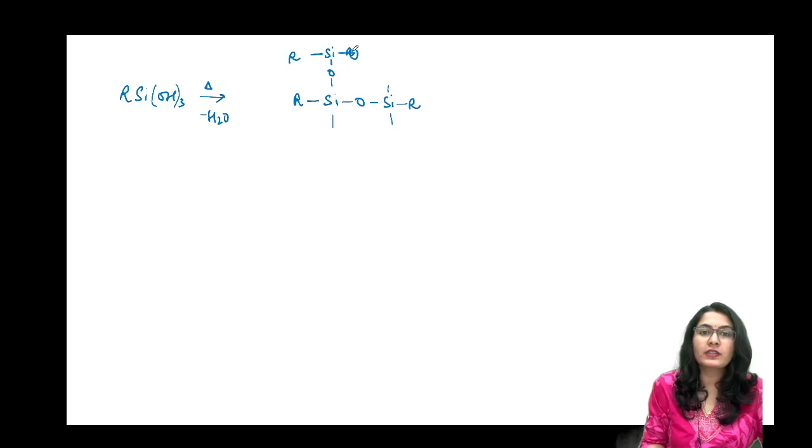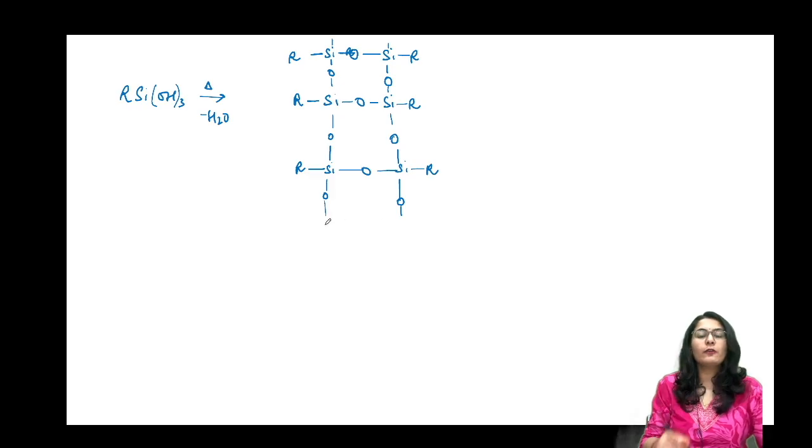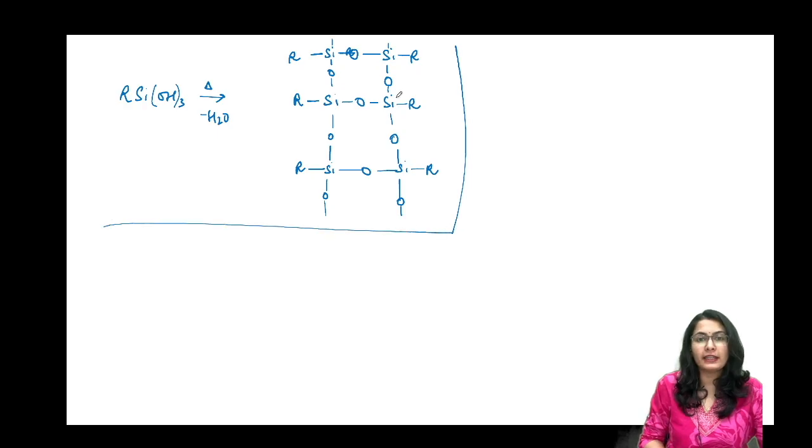Let's write the oxygen in middle, and I can do a branching in this way, onwards and onwards, and one more like this, so on and so forth. What has this become? This has become a silicone. Silicones are complete polymers. The chain is going to go on and on and on until it finishes. So this is what happens when I'm taking RSiOH whole 3 and heating it.